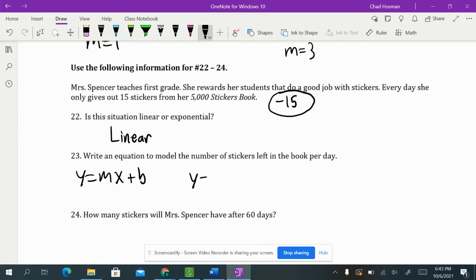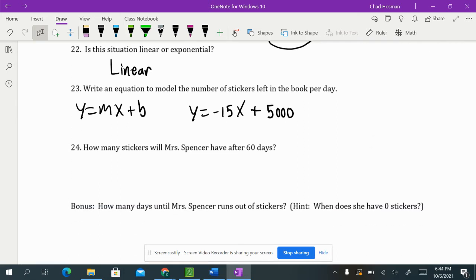So we have y is equal to negative 15x plus our starting value. And that starting value is this 5,000 sticker book because we're counting how many stickers she has left, and she starts with 5,000 stickers. All right, so we have the equation y equals negative 15x plus 5,000.